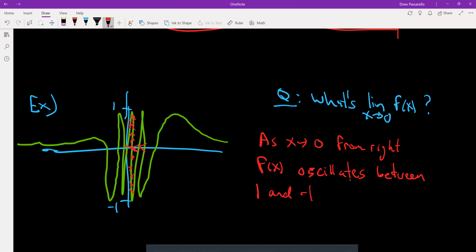And same thing for the left side, approaching 0 from the left side. So this thing is oscillating between 1 and -1.